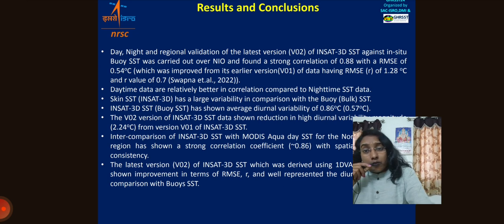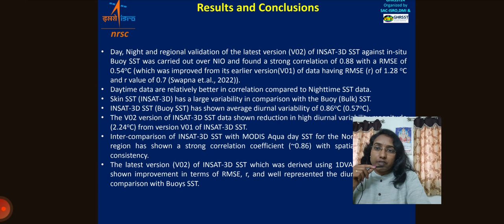So overall, the latest version of INSAT-3D SST, which was derived using the 1D variational technique, shows improvement in terms of RMSE and correlation coefficient, and well represented the diurnal variability in comparison with buoy SST.